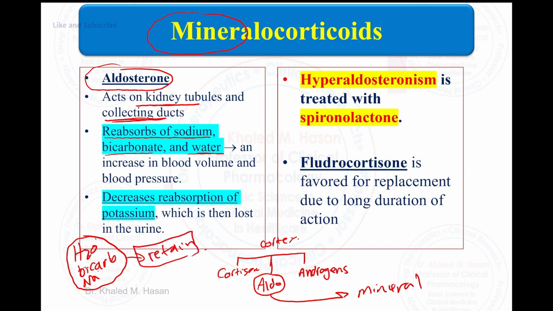So what happens if sodium is retained in our body? The result will be increased blood pressure, hypertension. If we have increased retention of water in our body, the result will be edema. So aldosterone is responsible for keeping water, bicarbonate, and sodium in our body, and the patient may suffer from hypertension and changes in blood volume.